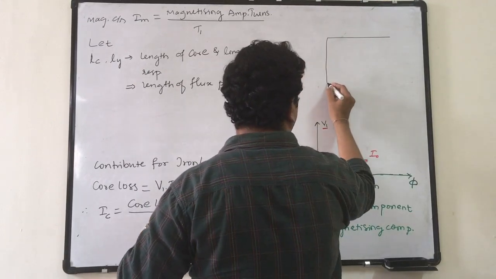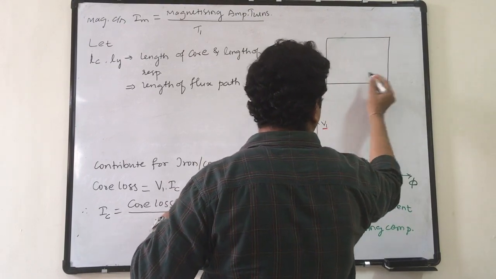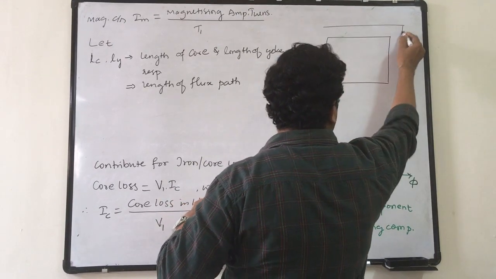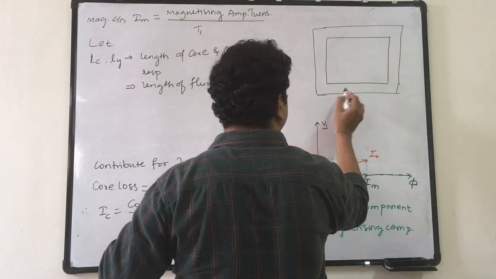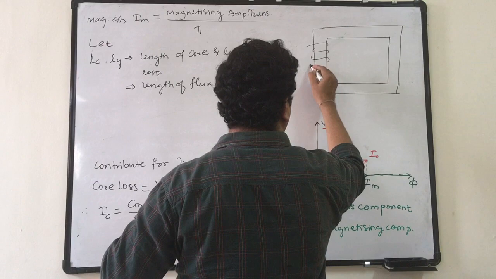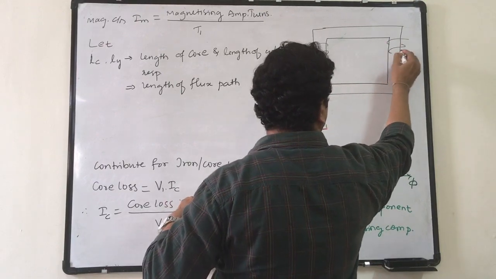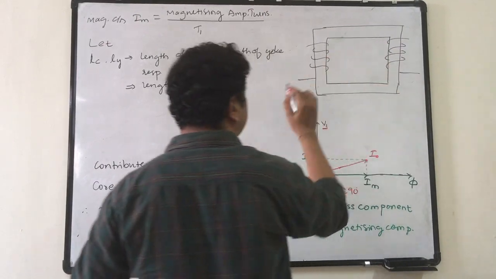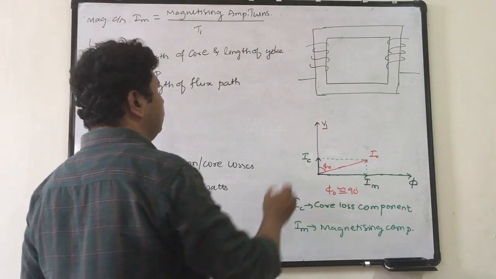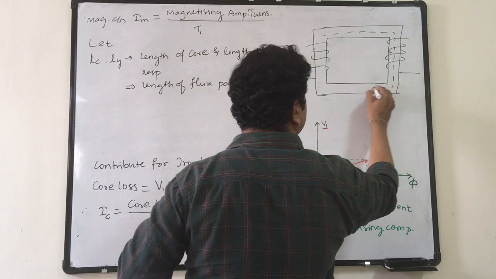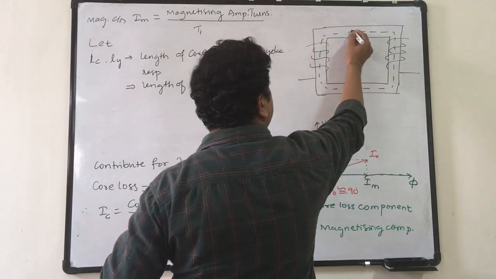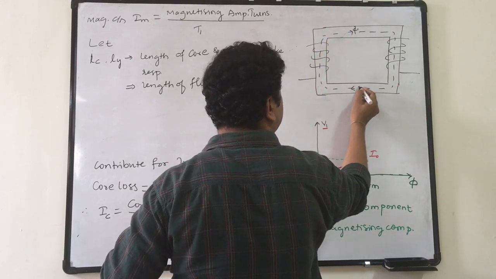So this is the core. I will provide the winding on primary and secondary, but I am not interested in winding now. Now this is the flux that is existing in the core.